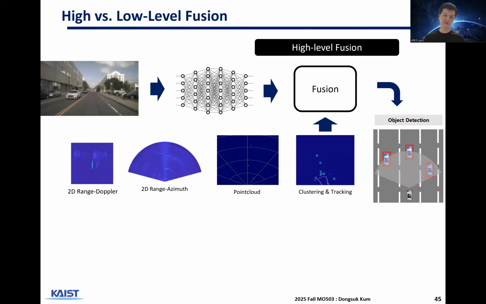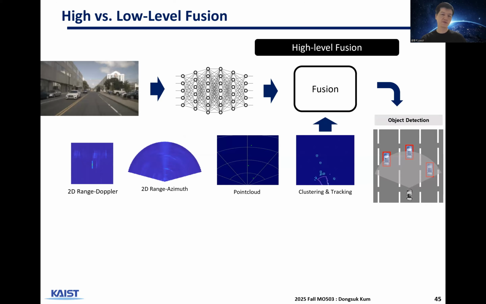Because they have two different suppliers, automobile manufacturers had to do high level fusion based on the signals from Mobileye and signals from radar, in object level or point cloud at best.